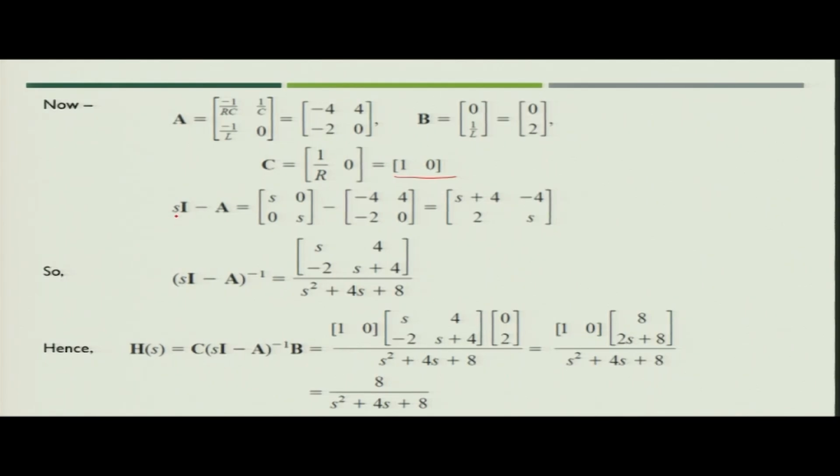The next task is that we first find the value of sI minus A, then we invert it. So, we get this matrix. Finally, we need to find the transfer function of the circuit, so we get C times (sI minus A) inverse times B. If you put the values of all these matrices and simplify, you get the transfer function H(s) as 8 upon s squared plus 4s plus 8.